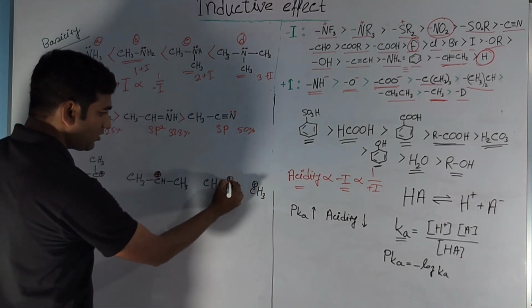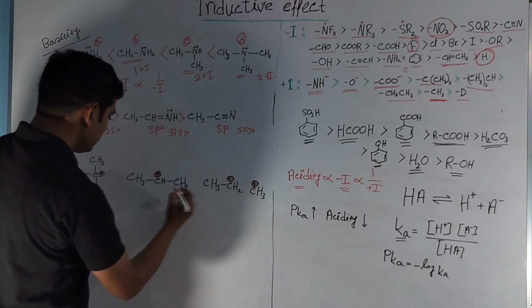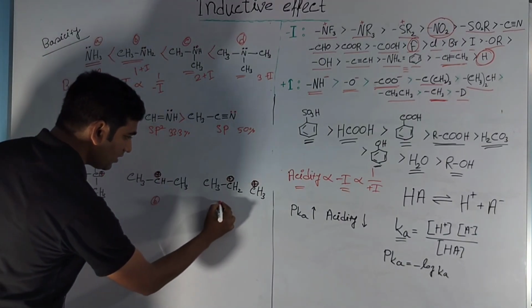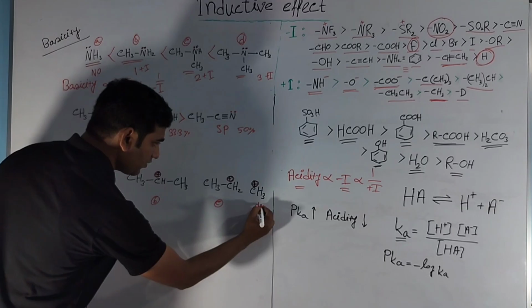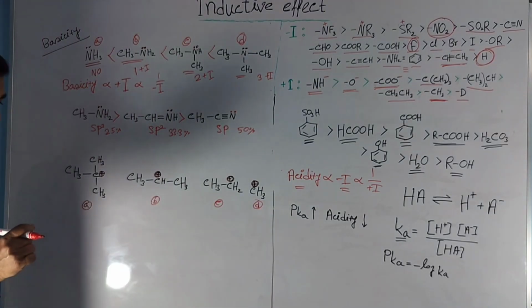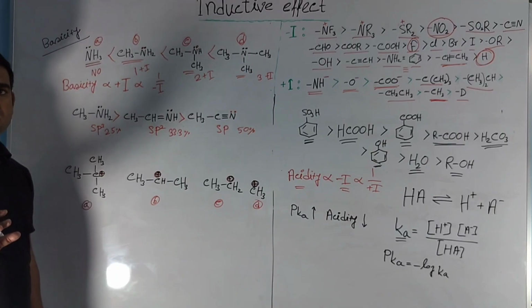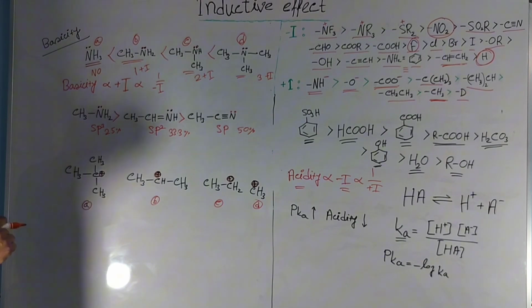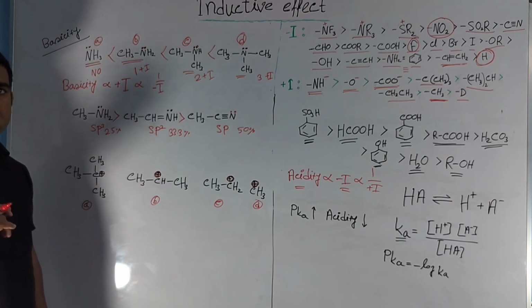There are 4 carbocations: the first one is A, second B, third C, fourth D. Here the carbon acquires the positive charge, meaning it has fewer electrons. A charged molecule is always unstable.